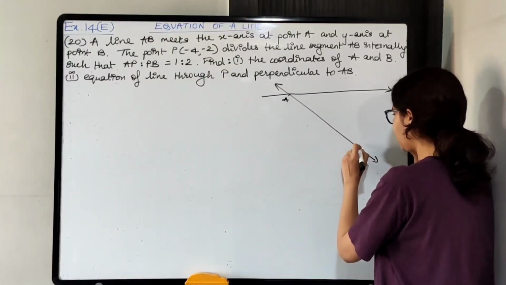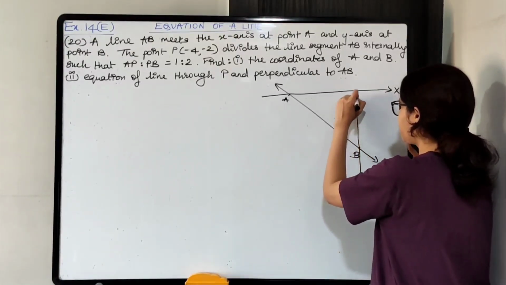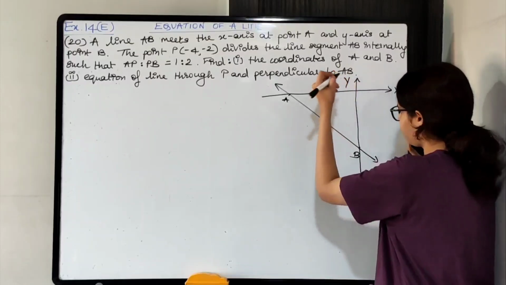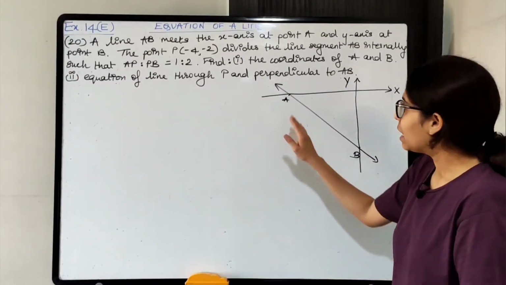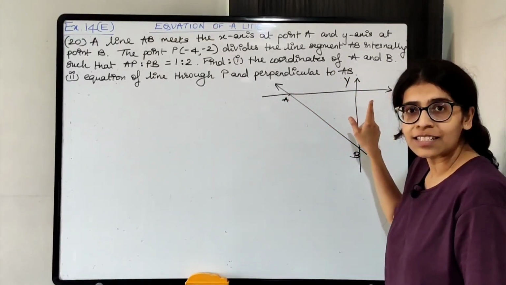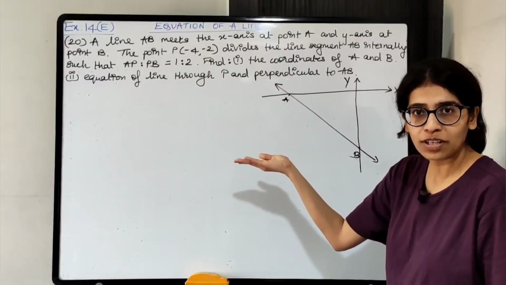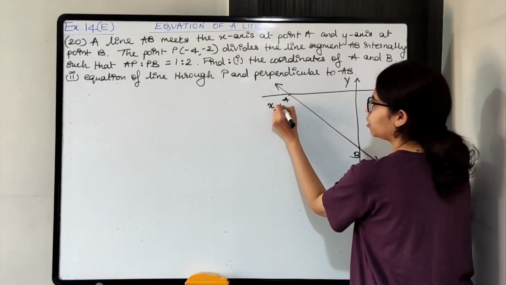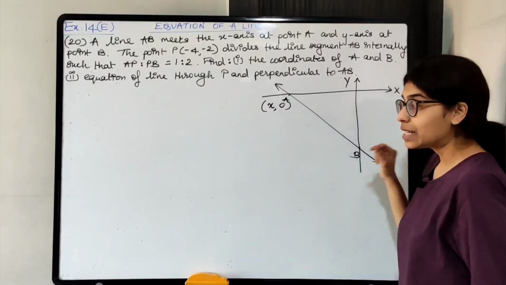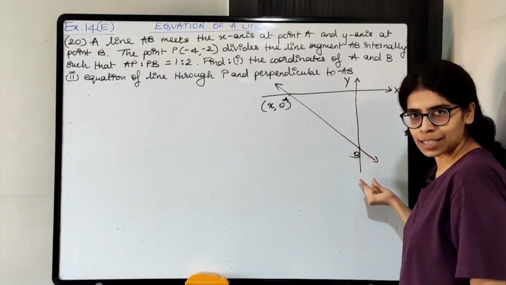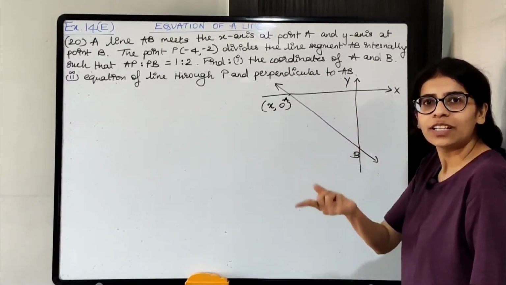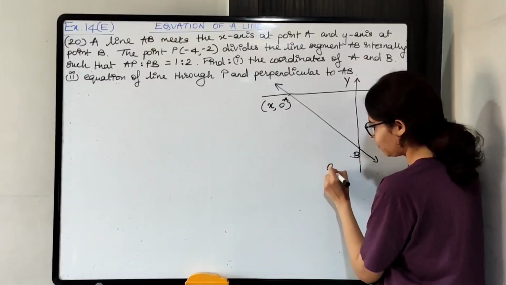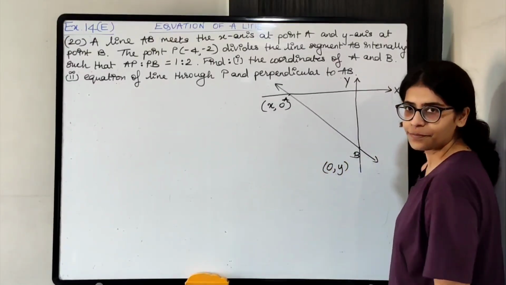So y-axis is the vertical line. A is lying on x-axis, तो उसका y coordinate 0 हो जाएगा, है ना. So it will have some x coordinate and y coordinate 0 है. Same way B is lying on y-axis, so उसका x coordinate 0 है and y coordinate will be something.